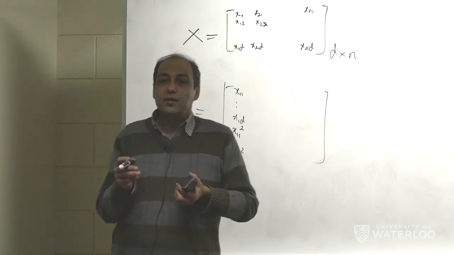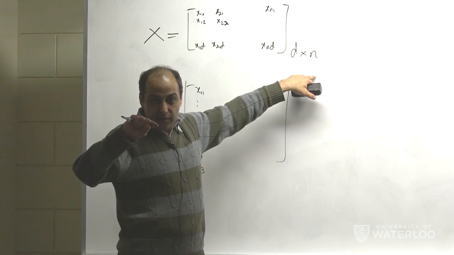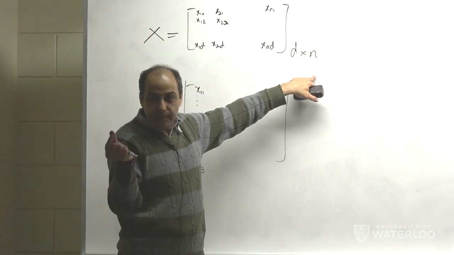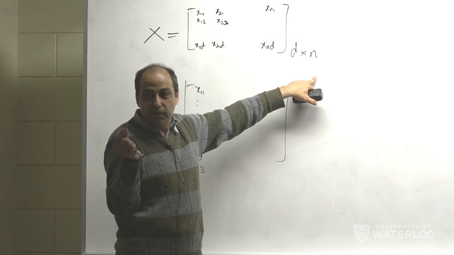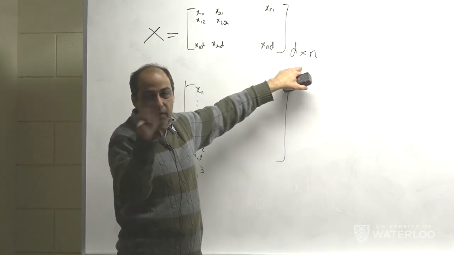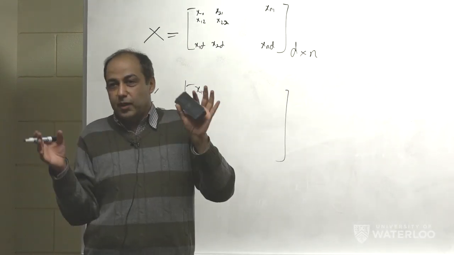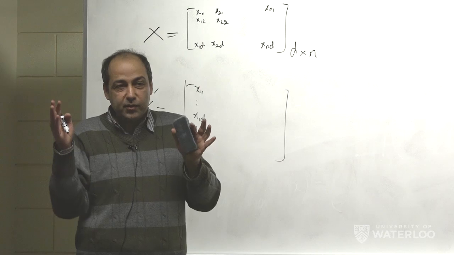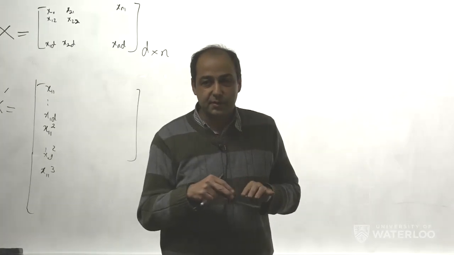Usually, if you look at books written by a statistician, it's the other way around, it's n by d. Books written by machine learning people are this way, d by n. MATLAB is n by d, the convention of MATLAB. But it doesn't matter. Any formula that we have, if you take the transpose of that formula, would be the convention of the other side. Okay?